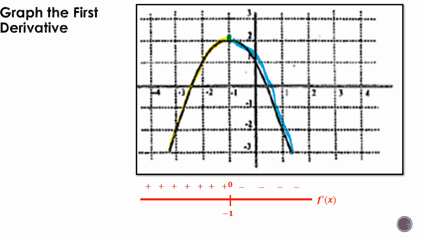Take this information and sketch the graph of the first derivative. Where x is less than -1, where I have all these pluses, positive means it needs to be drawn above the x-axis. 0 is on the x-axis and negative is below the x-axis. So I'm starting with the 0.